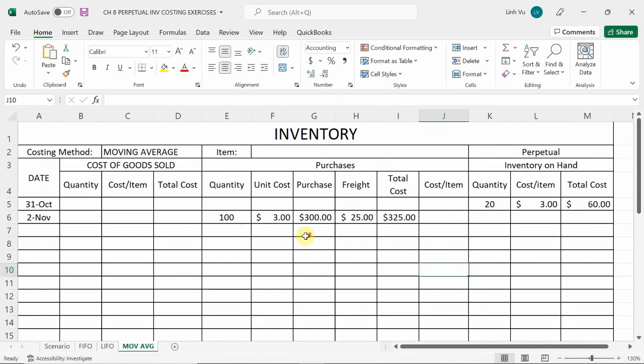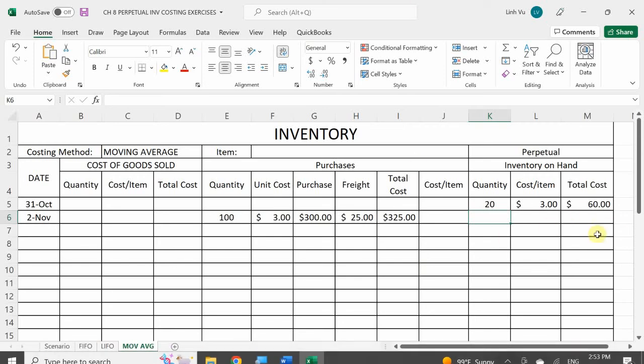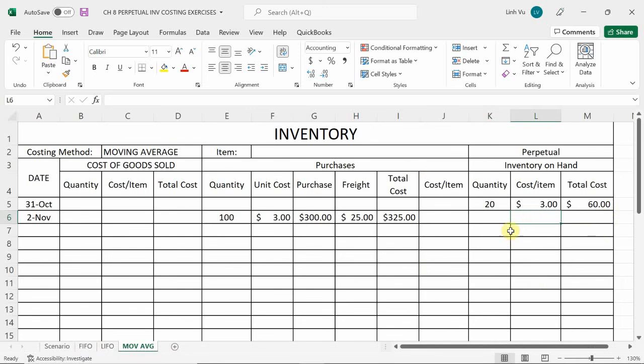So in this case, moving across the cells here, we're just going to go ahead and add up our columns, because at the end of the day, we're going to be constantly calculating our average cost per item. So the formula is going to lie right here for my moving average. What is 100 units plus 20?